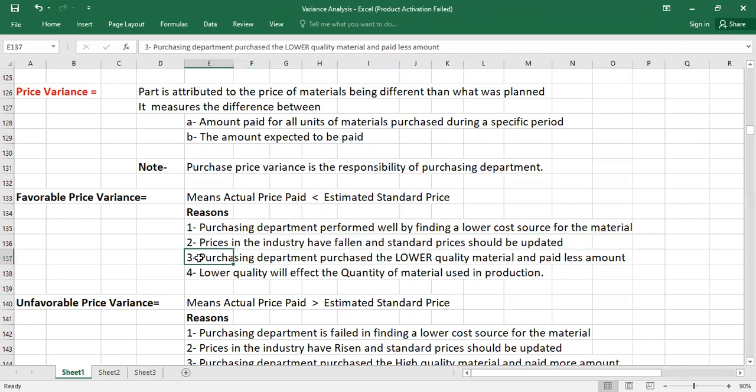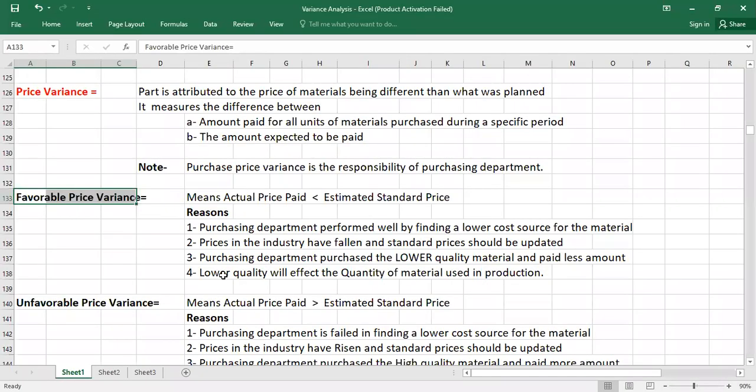Reason number three, maybe your purchasing department purchased lower quality material and paid a lesser amount. This is really important: when you buy material with superior quality, maybe you have to pay more for that, but when we buy material with inferior quality, maybe we will pay less for that. So this could be the reason for favorable price variance.